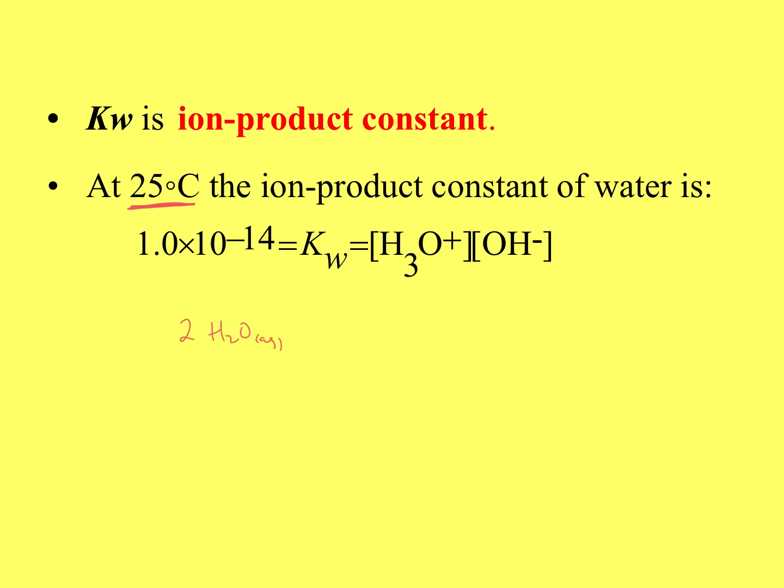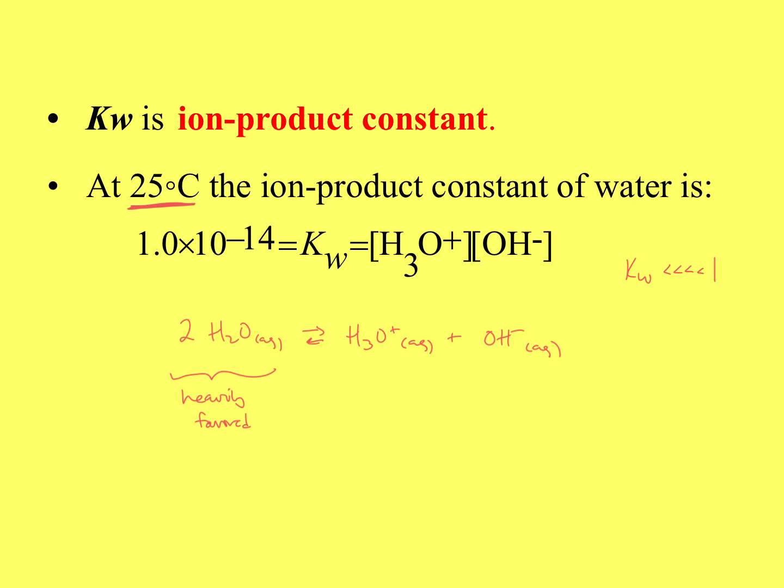H2O gives you H3O plus and OH minus. And the value of Kw is much smaller than 1. So that means that reactants are favored, heavily favored actually in this case, which means that there's not much H3O plus ions and not much OH minus ion.